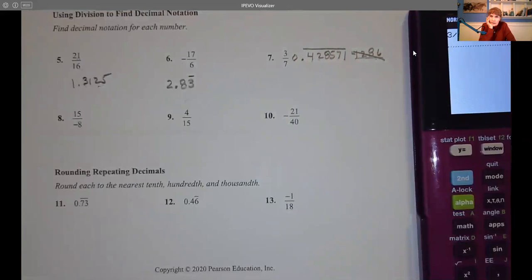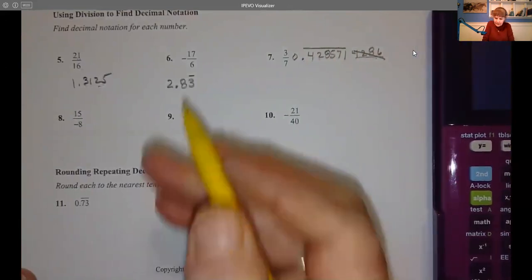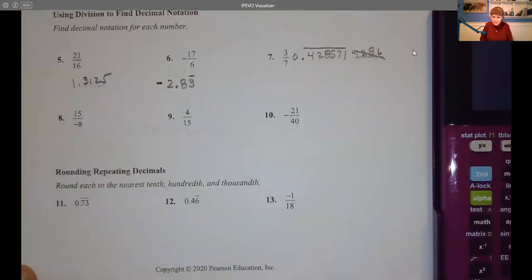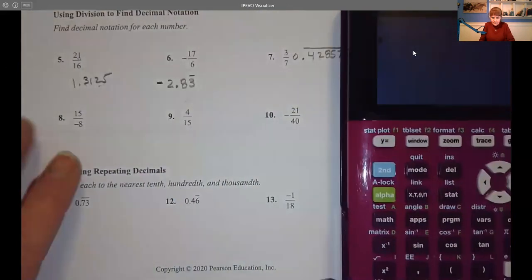So it's 0.428571, and it would keep repeating. All right, let's look at number 8. Oh, you know, going back to number 6, I got the negative. MyMathLab would have said it's wrong. All right, let's look at number 8.